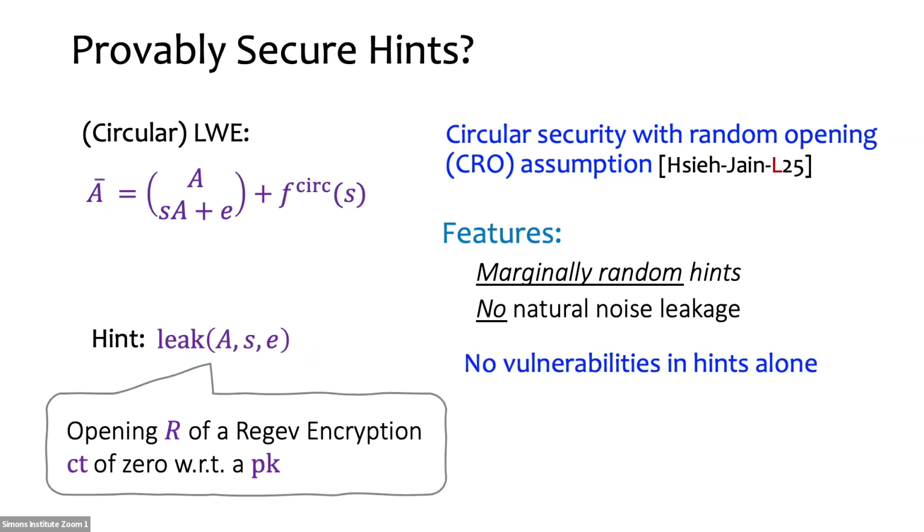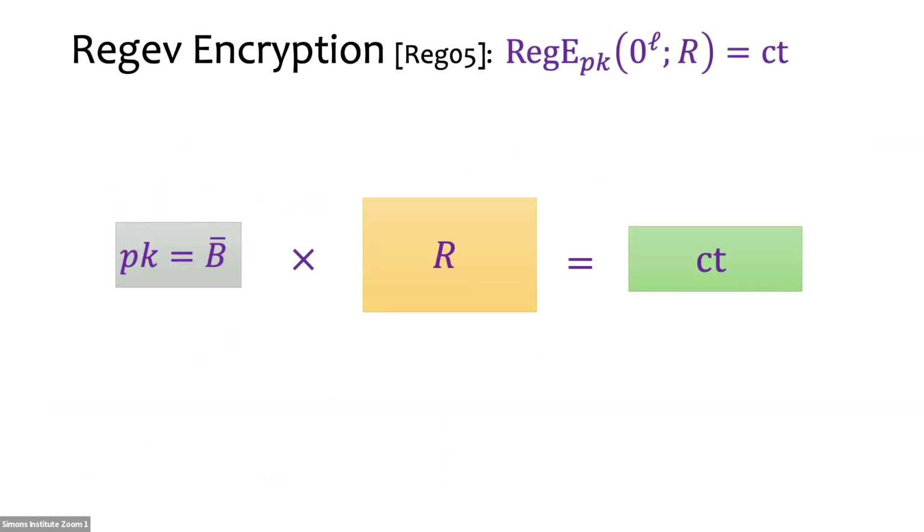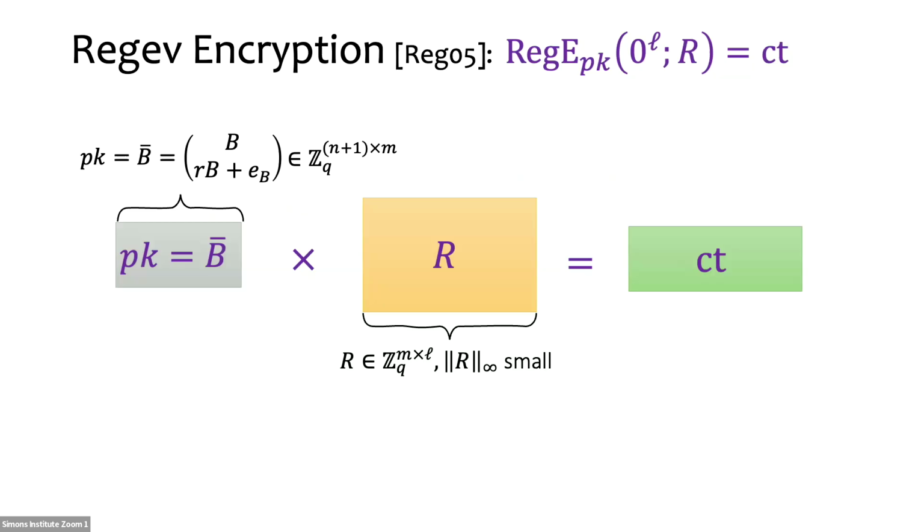Okay, so what are those hints? Those are actually openings of Regev's encryption, a ciphertext of 0. So let me quickly tell you how these hints look. Hopefully we're familiar with Regev encryption, where the public key are LWE samples with respect to a public matrix B. And the encryption randomness is a small norm matrix R. When we multiply these, it produces a 0 ciphertext.